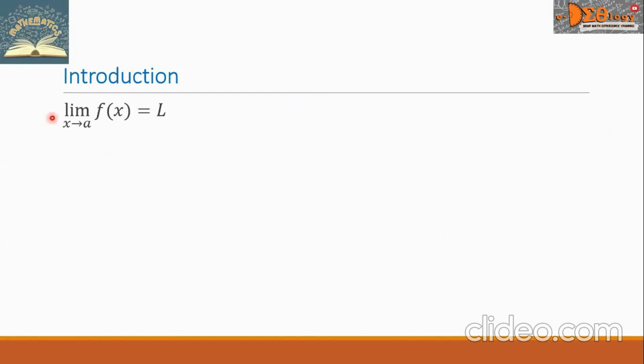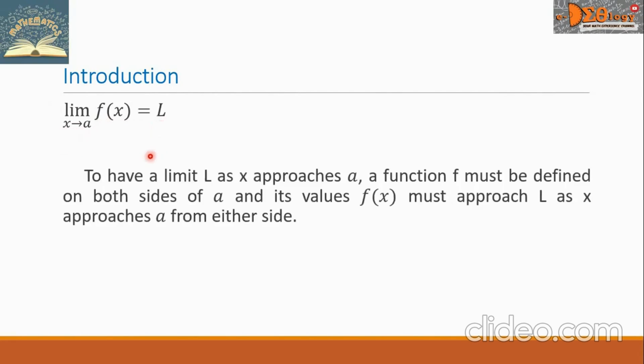We learned last time that this is the notation for limits. We read this as the limit of the function f of x as x approaches a equals the value L. To have a limit L as x approaches a, function f must be defined on both sides of a, and its values f of x must approach L as x approaches a from either side.